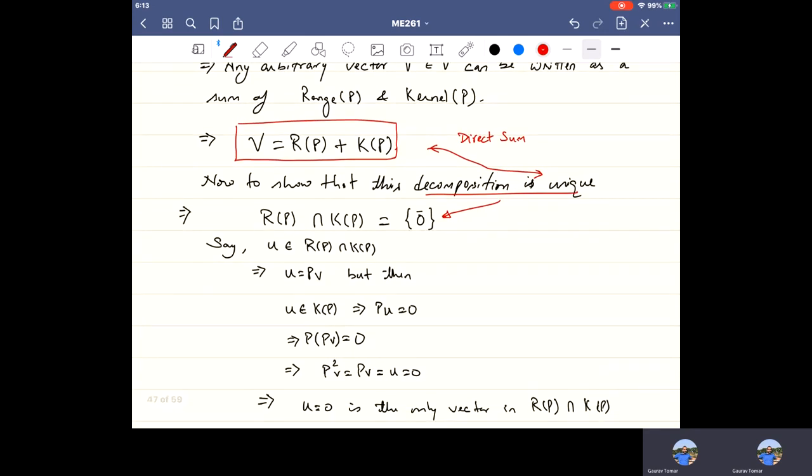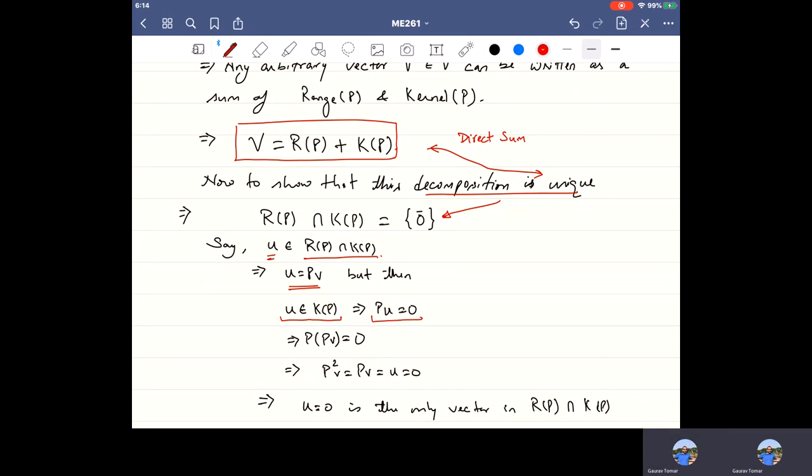Let's say by contradiction, we'll prove it. Let's say u belongs to range of P intersection kernel of P. Now, in that case, u is going to be equal to P times v, let's say. But then, because u belongs to kernel of P as well, that means P of u also is zero, right?